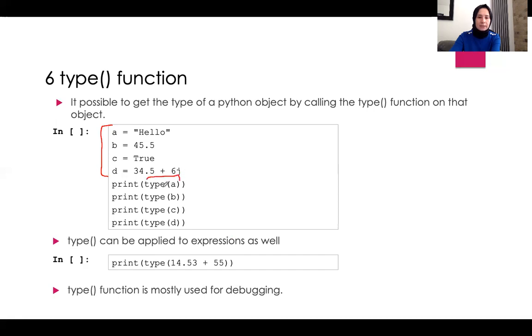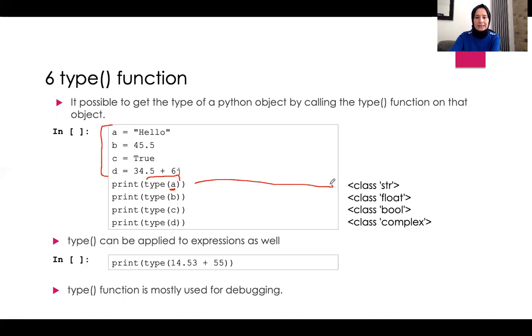You type type and then parentheses, and then you enter the name of the object that you want to get the type of. When you run this piece of code, this is the result you will get. Basically, it tells you the type of each object here. A is a string, B is a float number, C is a Boolean, and D is a complex number, as we can see here.